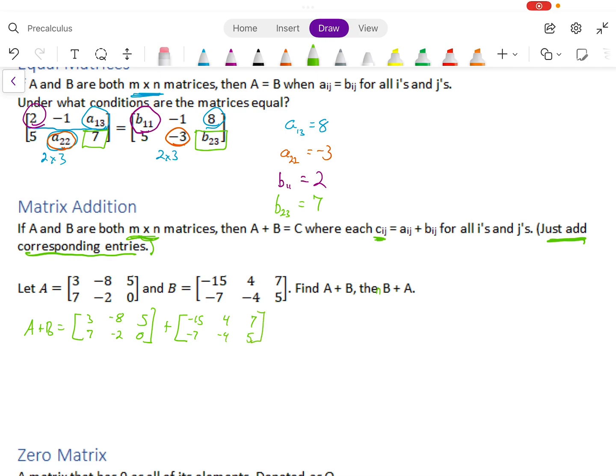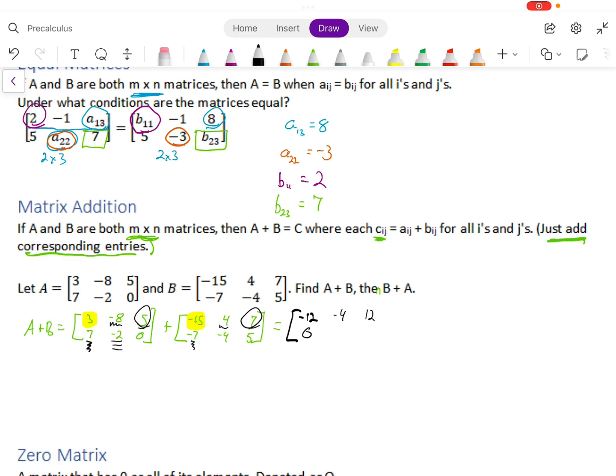And we just add corresponding elements. So we will do 3 plus negative 15. That gives us negative 12. And then we can do negative 8 and 4. That's negative 4. 5 and 7, add those, that's 12. 7 and negative 7 gives us 0.